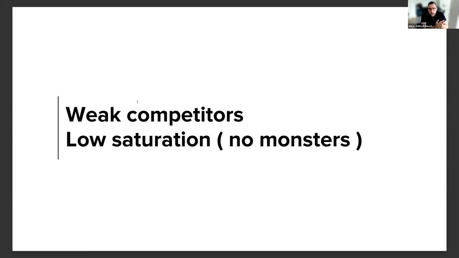It should be a reason why they should go to you, not just because you are the best, but it should be a reason why. So if you have super monsters and big companies in your niche which already got the huge proportion of market, probably the saturation is high and it's going to be really difficult to compete with them. So try to find the gap.